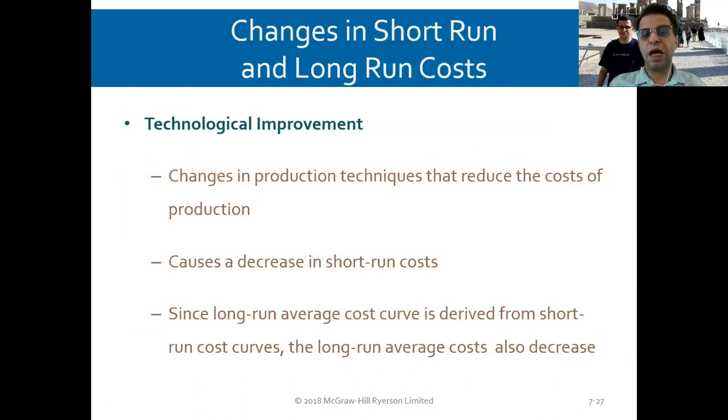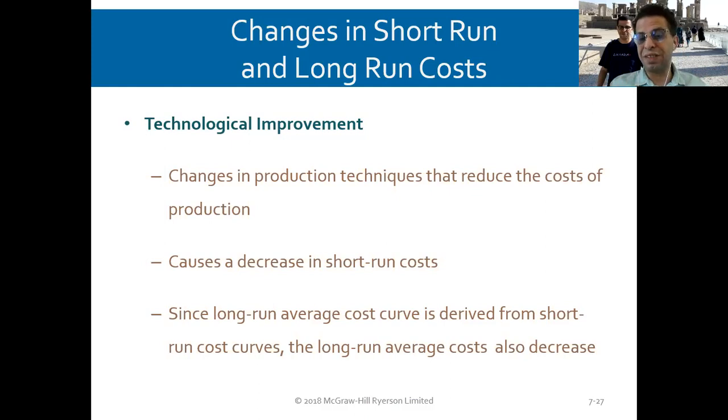Now, changes in the short run and long run costs. We talked about technological improvement: a change in a production technique that reduces the cost of production. I always bring this example: I cut trees with a regular saw, and now I suddenly use an electric or gas chainsaw.